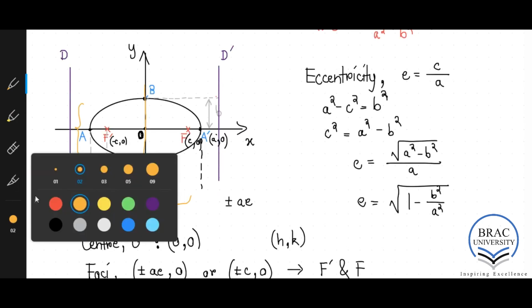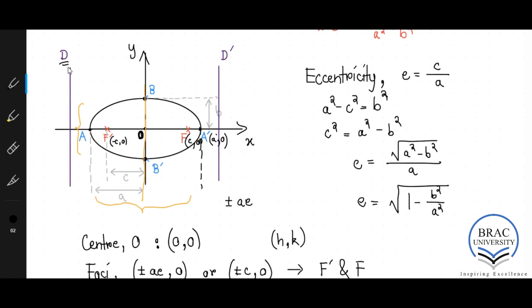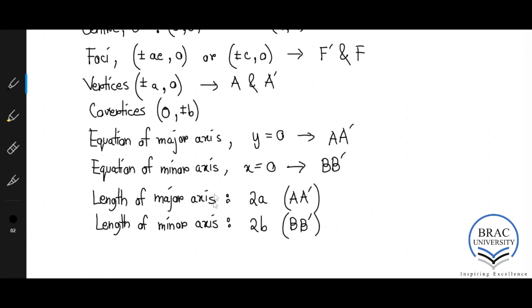Now in this diagram, the directrices are D and D prime. So we have two directrices, as compared to the parabola where we had one. And we can see that they are shifted a bit from the vertices. The equation of the directrices is x equal to plus minus a over e, where e is the eccentricity.